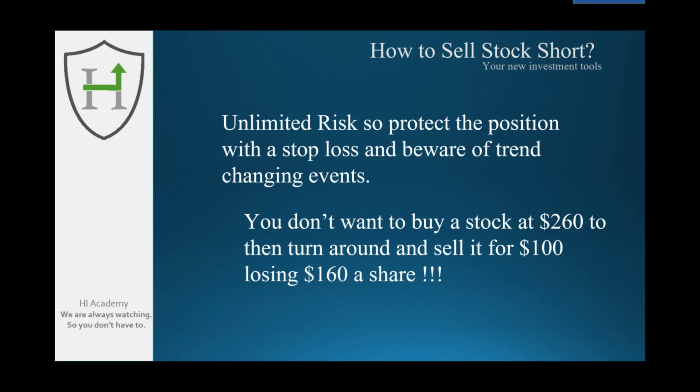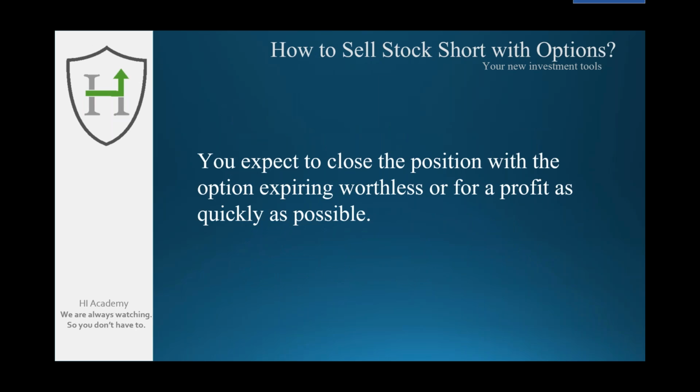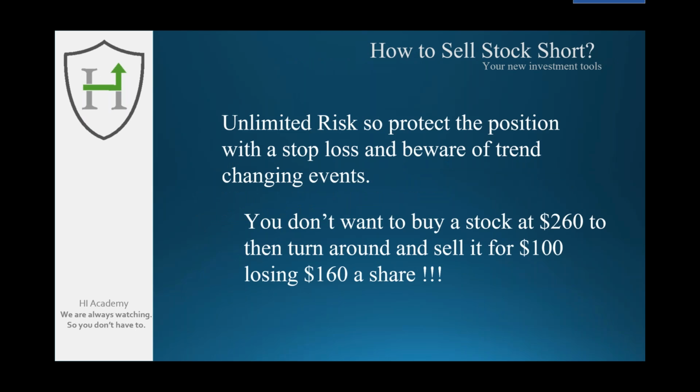So for this reason, you've got to be careful. You literally, as I said before, expect to close that position, short it, put a stop loss on it, so that way if it turns, you could be protected during the day, but you do hold some pretty high risk overnight or through a weekend.